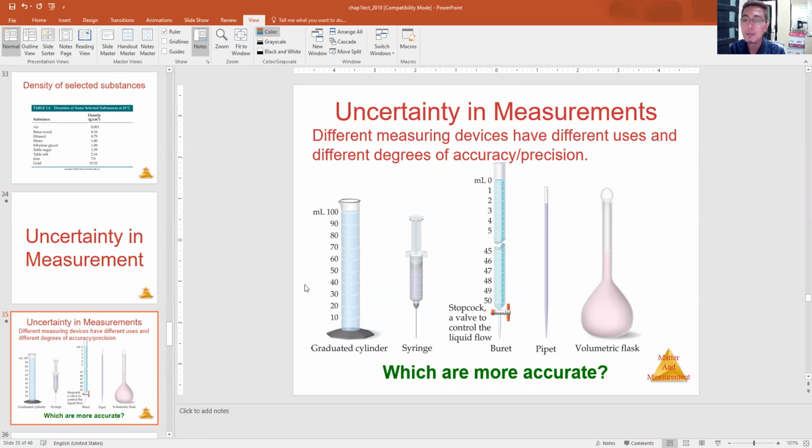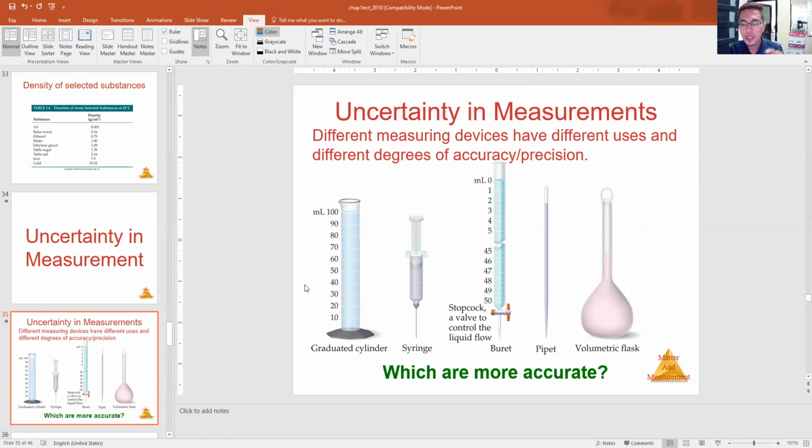While precision, if you have a population of data, is how close each data point is to the others. So the more accurate, the closer the data is to that specific value. For example, if the target is 100 ml and the data are close to 100 ml, it is accurate and precise.